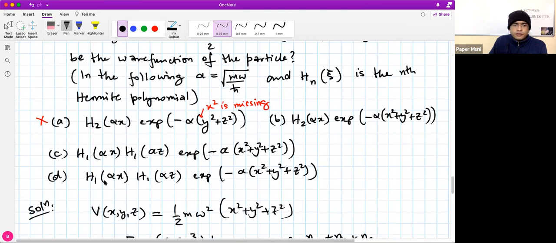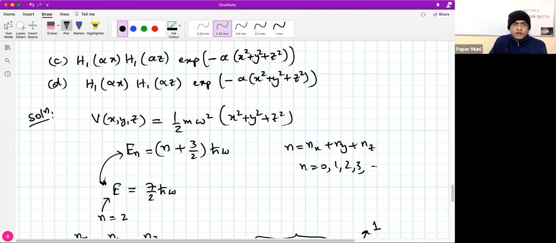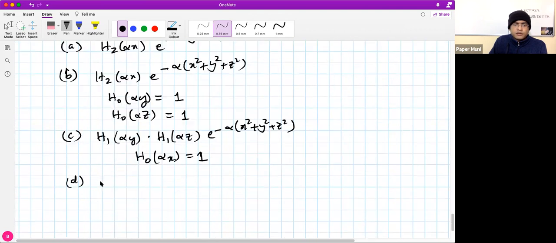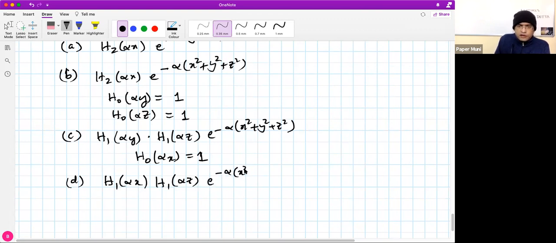This is D option. So in this case, for the last option, if we write it down, this is H1 alpha x, and we have H1 alpha z. Okay, so in this case we have exponential alpha x square plus y square plus z square.